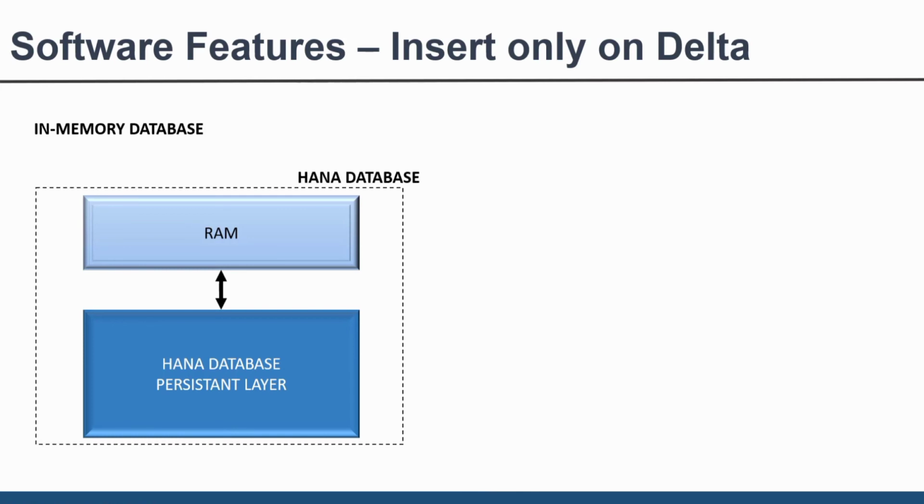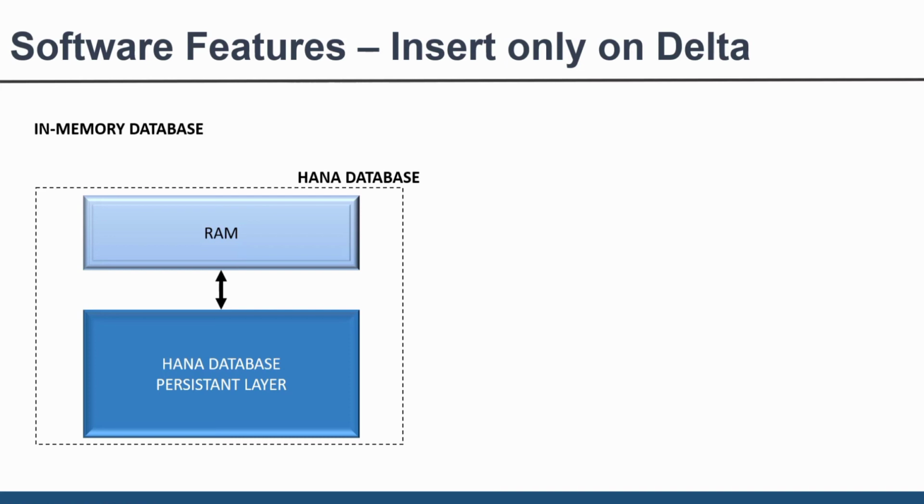So here I am showing two parts of HANA database. One is a persistent layer, the lower part, and the upper part is RAM. And together it is the HANA database. So what is the persistent layer? Persistent layer is a permanent memory wherein all your database tables and the values are stored permanently.